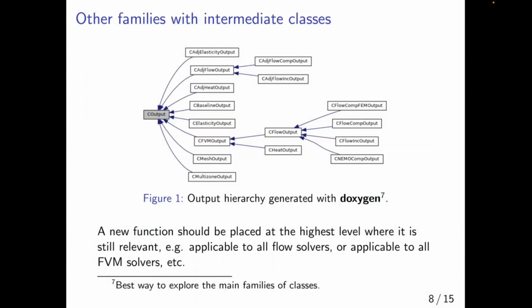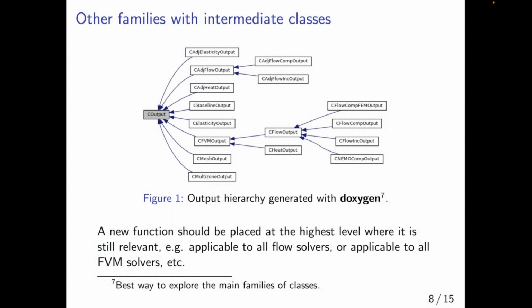Okay, so other families with a lot of intermediate classes to reuse code. A good example is the output, where there are a lot of levels in some sense, but this does allow you to not copy paste a lot of things between these four classes, for example.